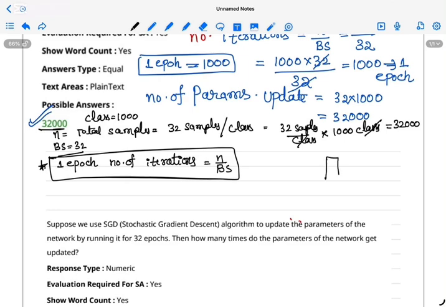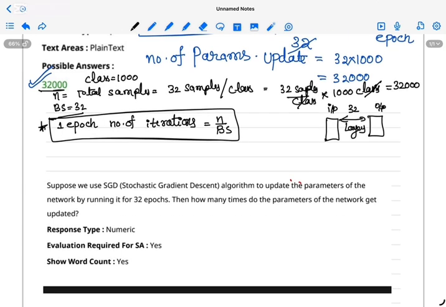In this, they are given input to output, there are 32 layers. Okay, and the continuation of the other question is given.